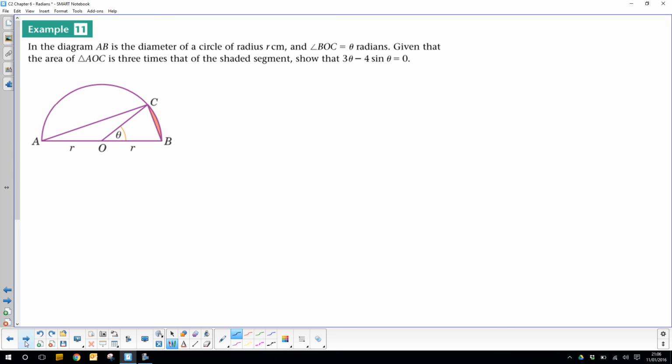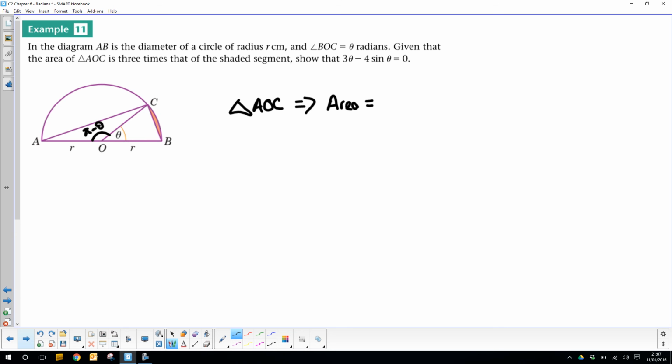Triangle AOC equals, in area, and I'm just going to talk about area. Well, firstly, let's just look at this. This angle here is going to be pi minus theta. I think you'd agree. Pi minus theta in radians.